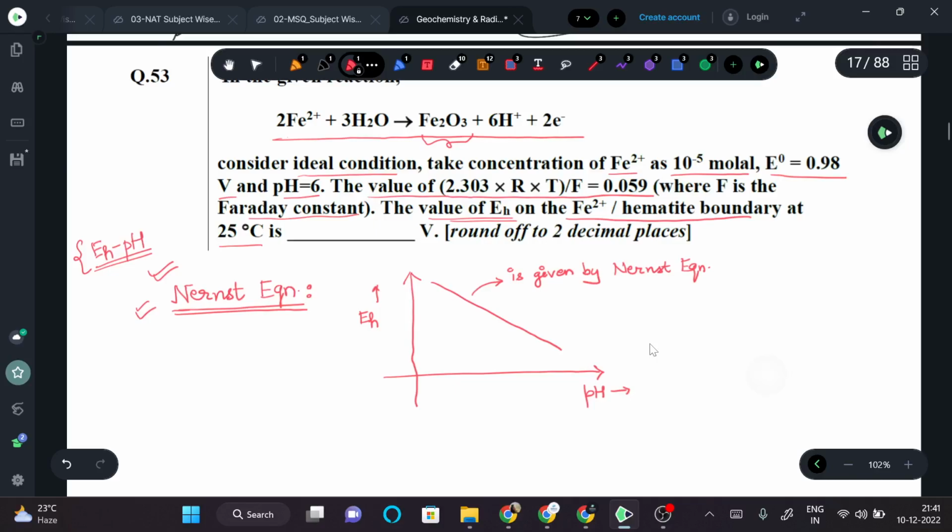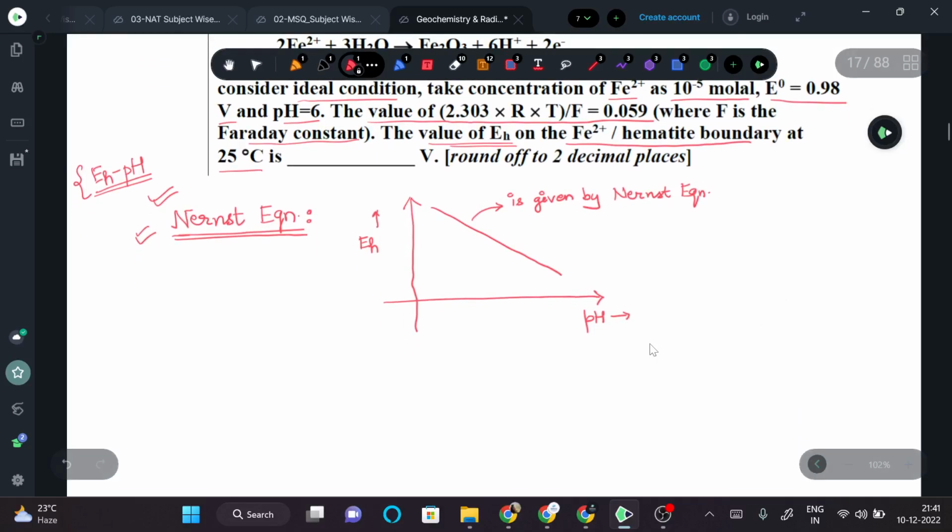Here it is saying that pH is given to be 6. So if we take a line from here, if pH is 6, what will be the corresponding EH? It is asking. This corresponding EH we don't know, and we know that pH is 6.